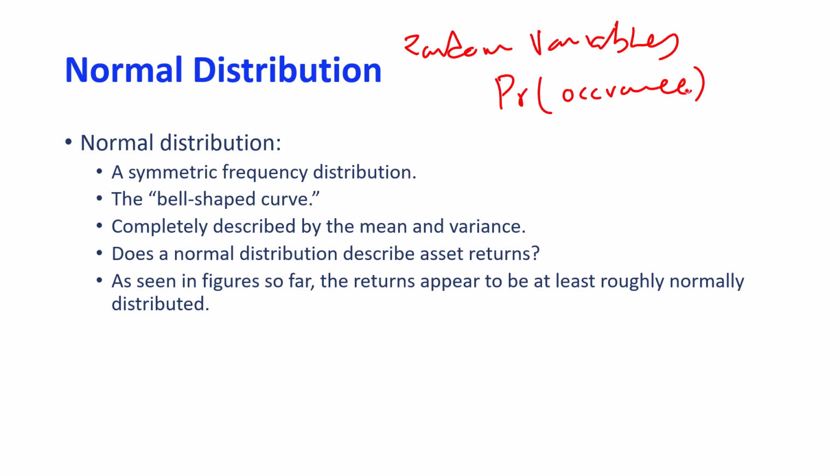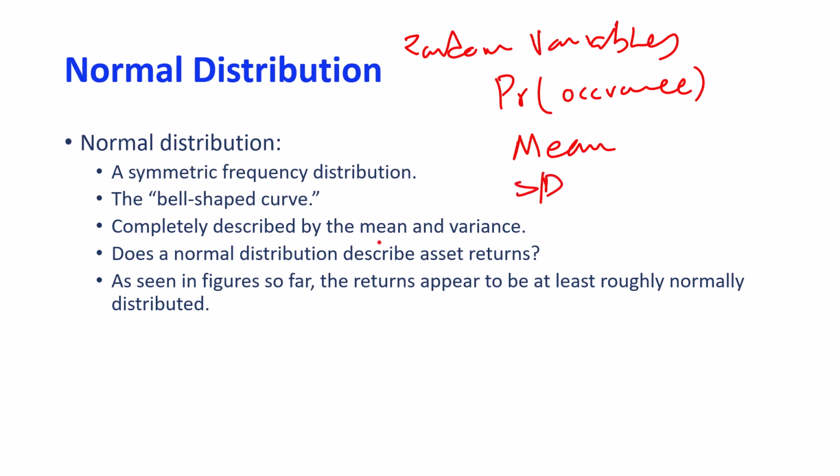Random variables are often characterized by their probability distribution function along with measures of central tendency and dispersion. For the measure of central tendency, we have already seen an example, and that's the mean or arithmetic average. And the measure of dispersion is the standard deviation of the returns.